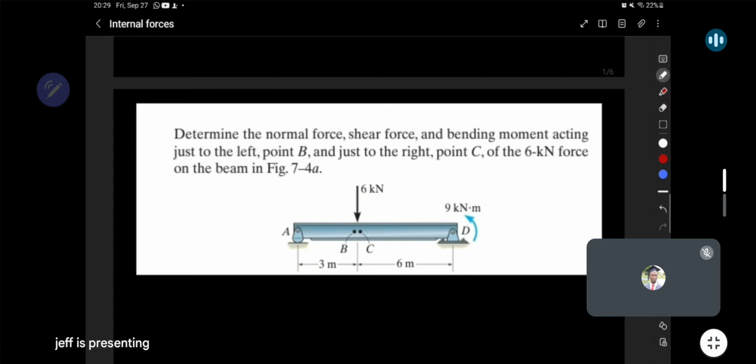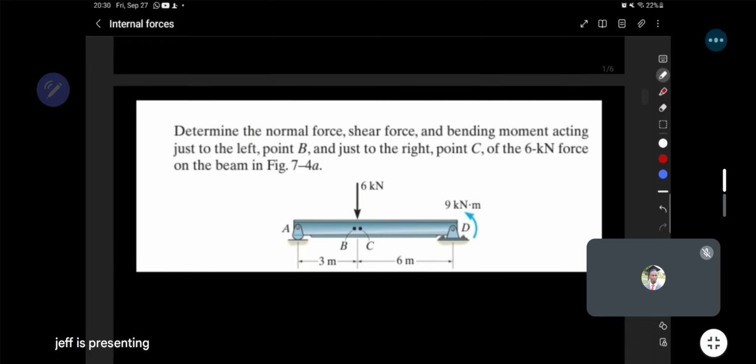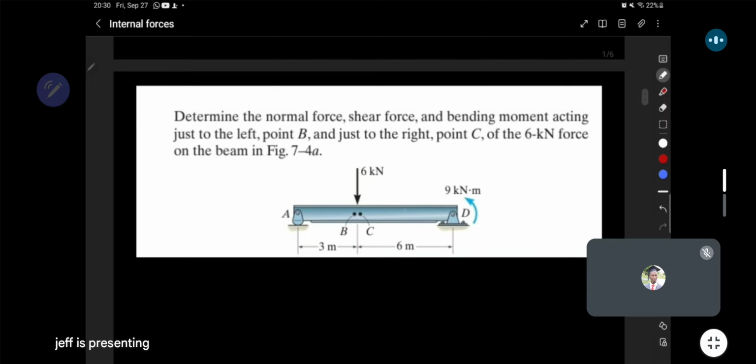For our first example, we have this basic question. This is just to help you understand how to approach these questions. Here we have a member that is supported at point A, and it is also supported at point D. Notice that at point D we have, of course, the pin which is there, and it's like we have a couple moment which has been highlighted at that point.